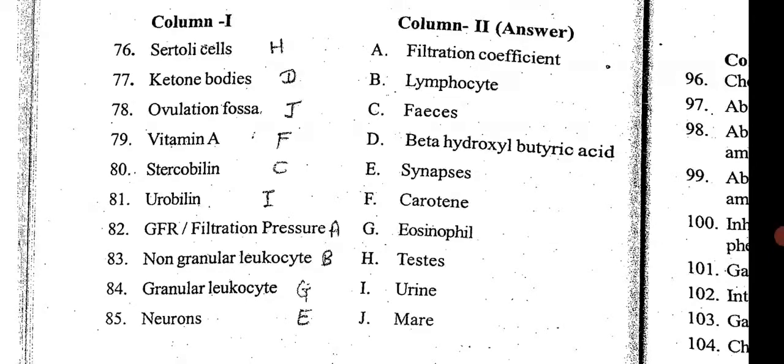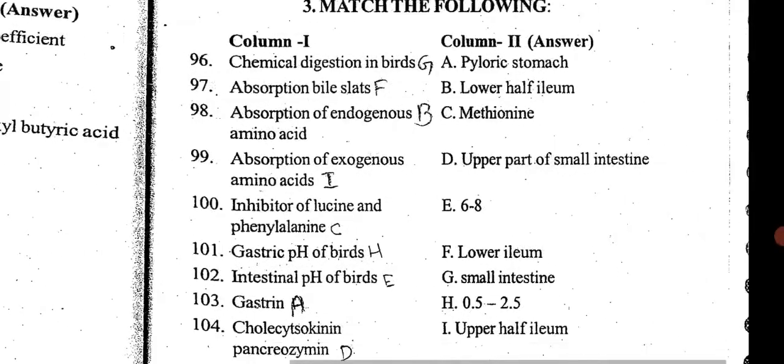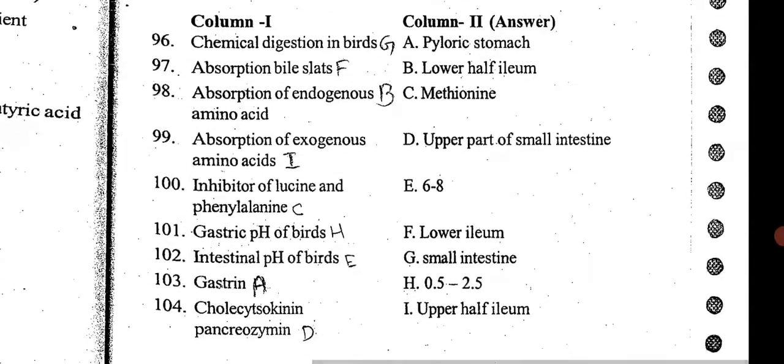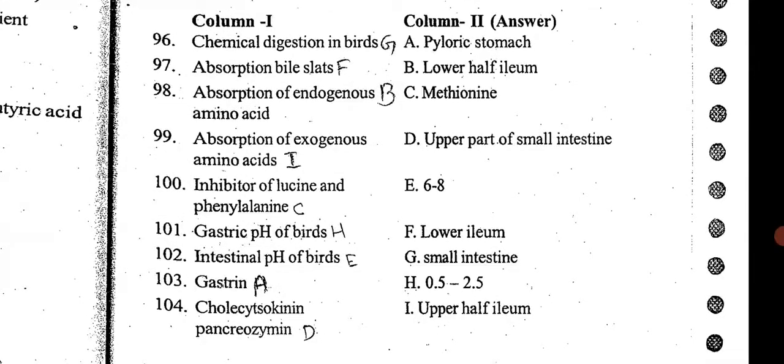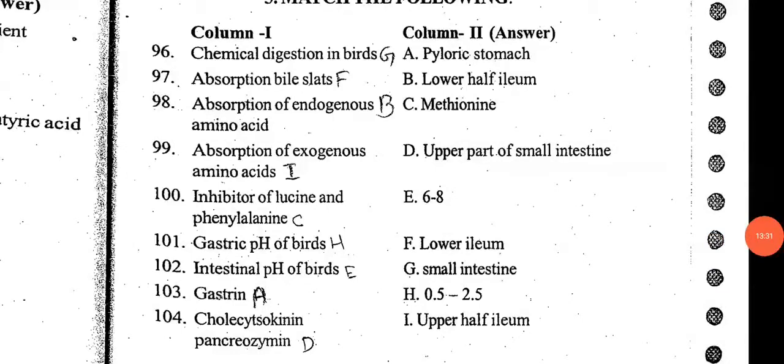Neurons have synapses. And match the following: chemical digestion in birds is in the small intestine.